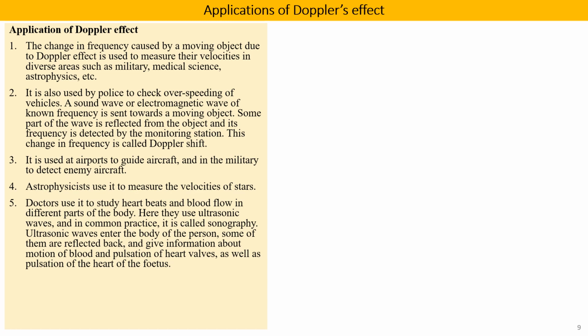Ultrasonic waves enter the body of the person and some of them are reflected back and give the information about the motion of blood and pulsation of the heart. In case of the heart, the picture generated is called an echocardiogram.